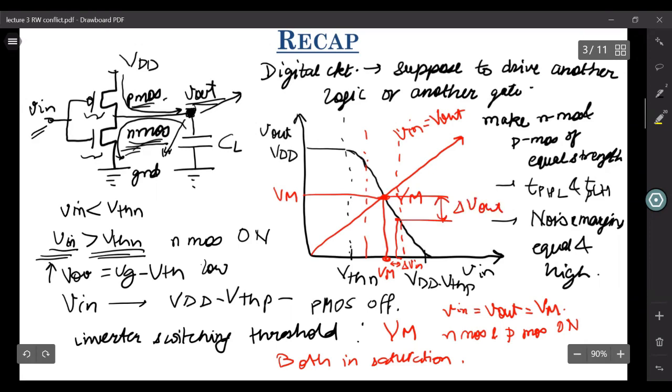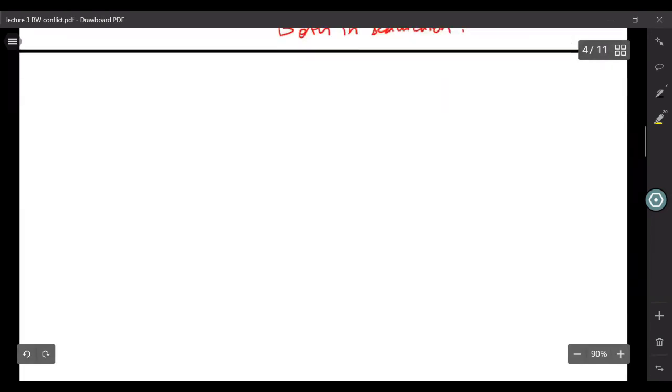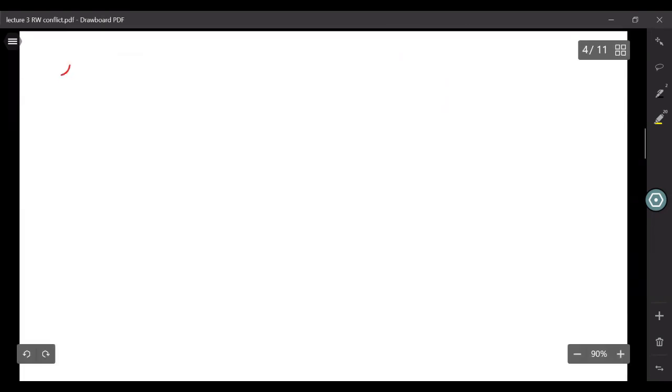So what exactly is amplification? Whenever your del Vout by del Vin is a large value, we say that an amplification has been obtained.